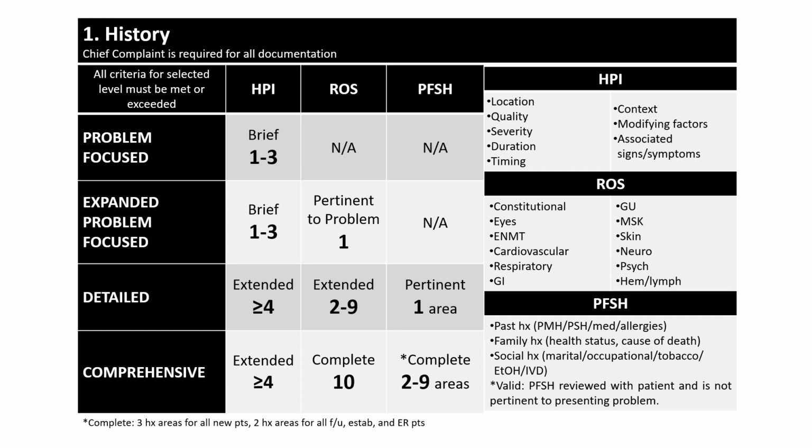So if you look at HPI, in the upper right-hand corner of that chart, there are 8 things there. Location, quality, severity, duration, timing, context, modifying factors, and associated signs and symptoms.